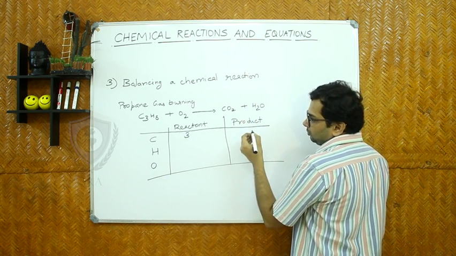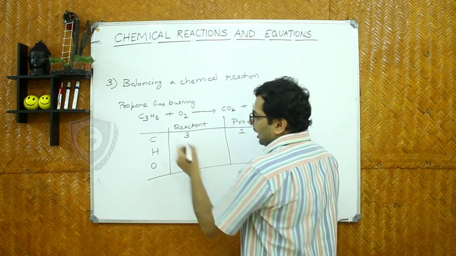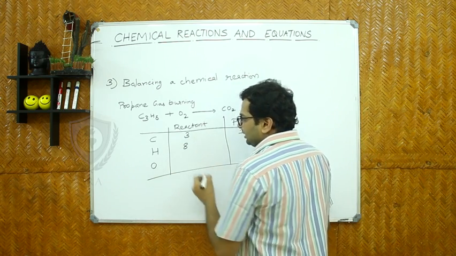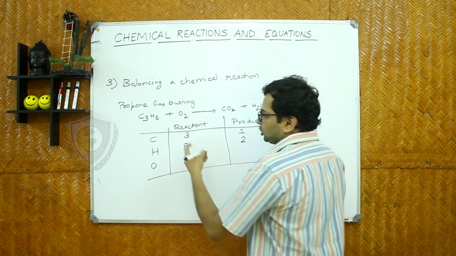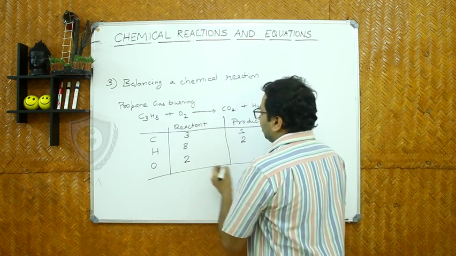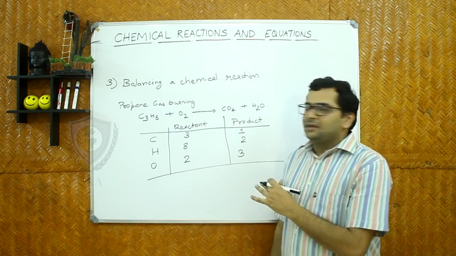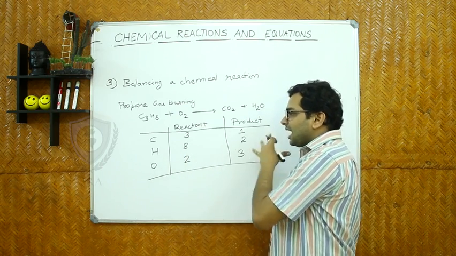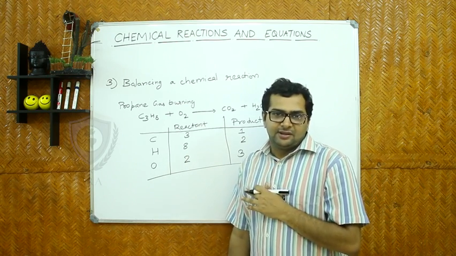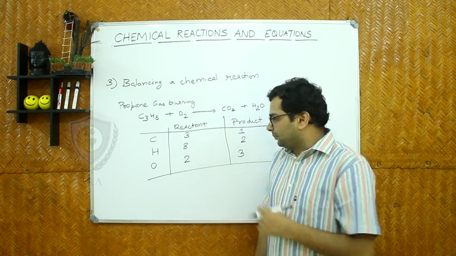And carbon on the product side has 1 atom. Hydrogen, whereas, has 8 atoms, and on the product side it has 2, and oxygen it is 2 atoms, and on the product side it is 3. So clearly we can see that the number of atoms for each of the element on the reactant side and product side are different. They are not the same. So let's see how to make that same, right?